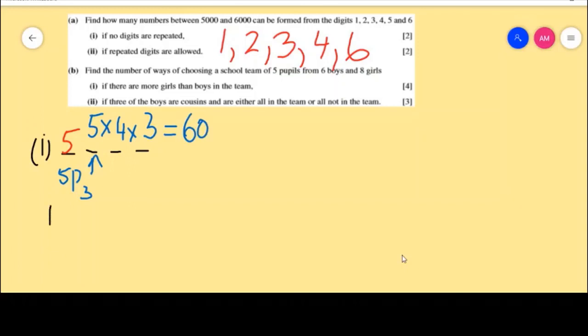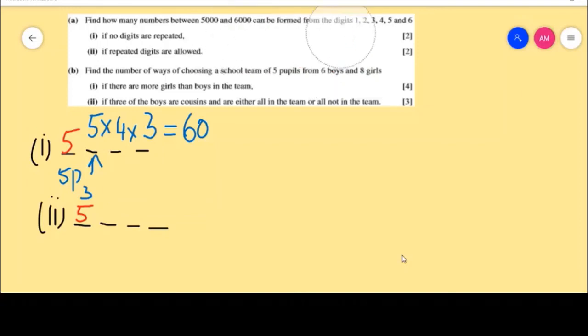Part 2. Again, 1, 2, 3, 4, and I'm going to start with 5 again for it to be between 5,000 and 6,000. Now, if repeated digits are allowed, I'm using the 5 again because I can repeat it.